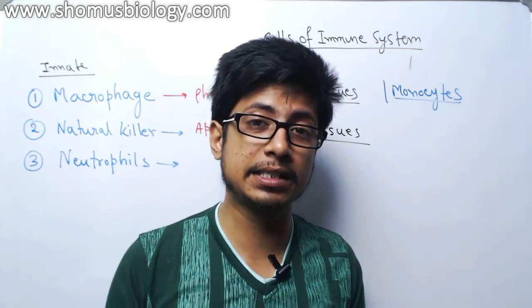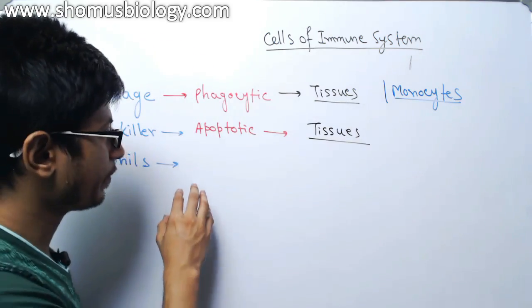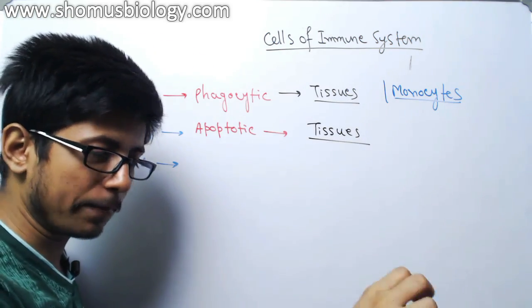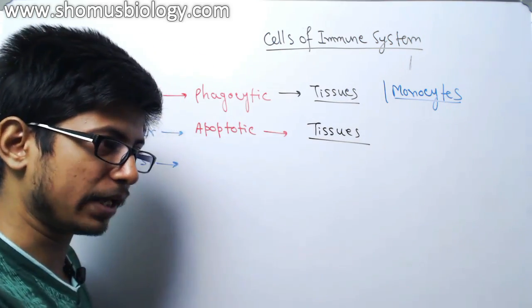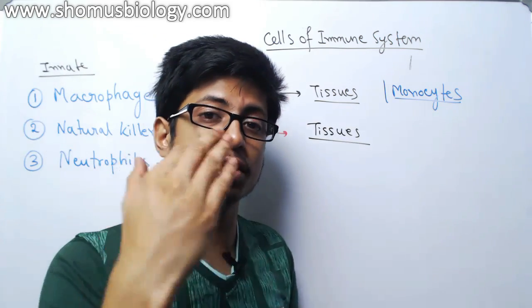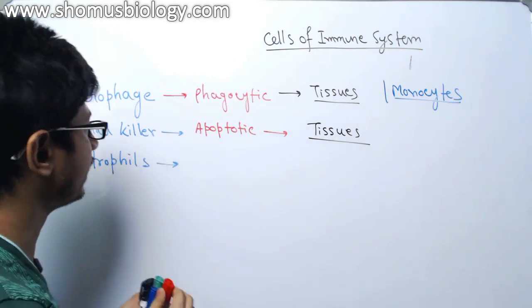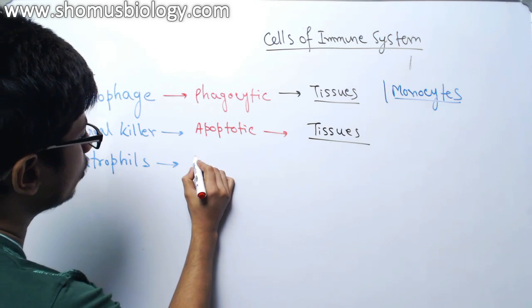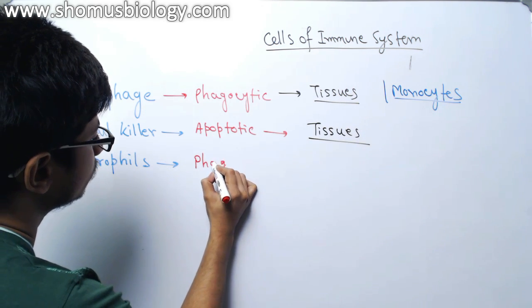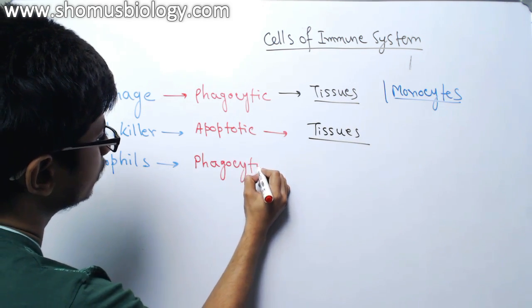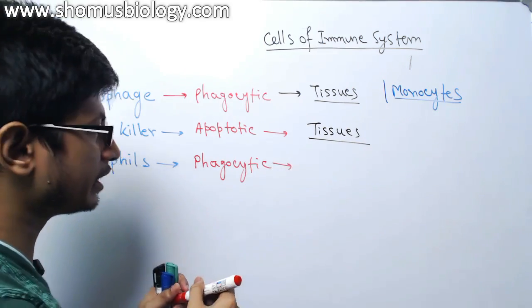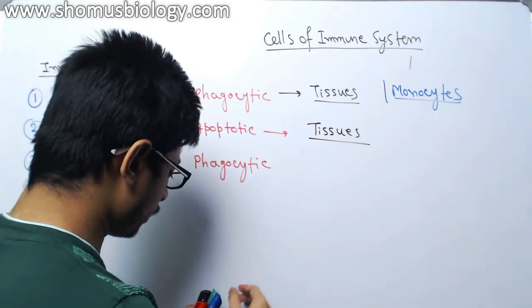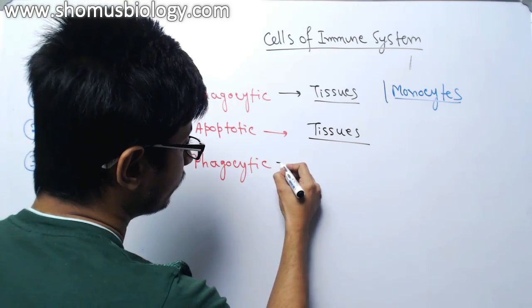And these neutrophil cells have a duty of engulfing a pathogen or a fragment of pathogen inside. It will destroy those pathogens inside. So this is again a phagocytic cell. Again, neutrophil is a phagocytic cell, and the function of it is to destroy.